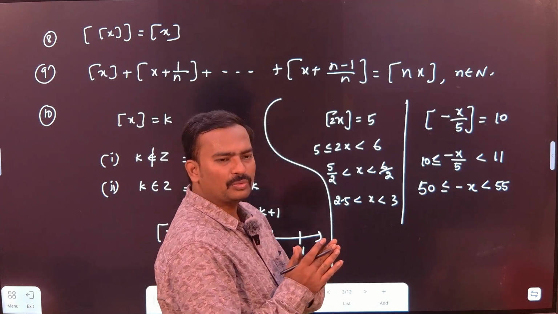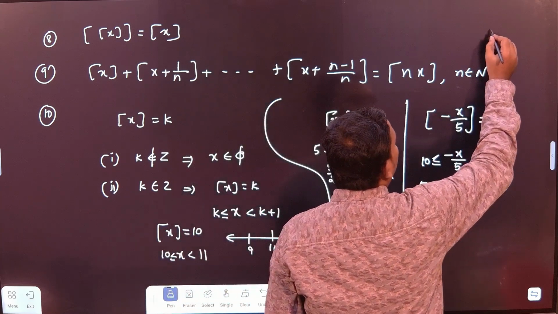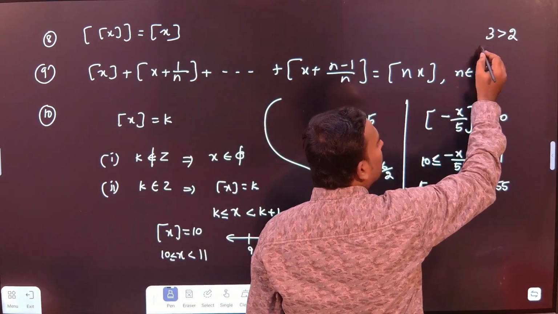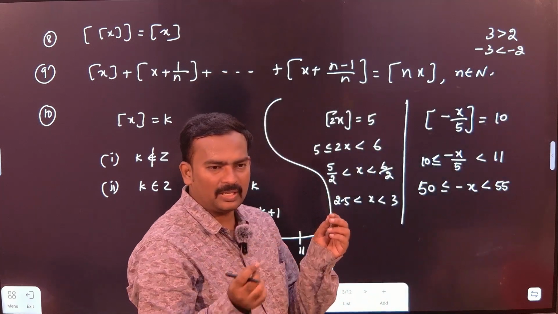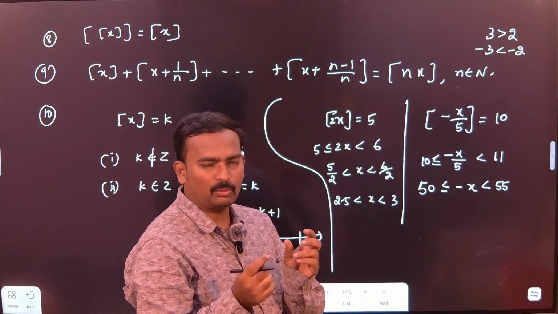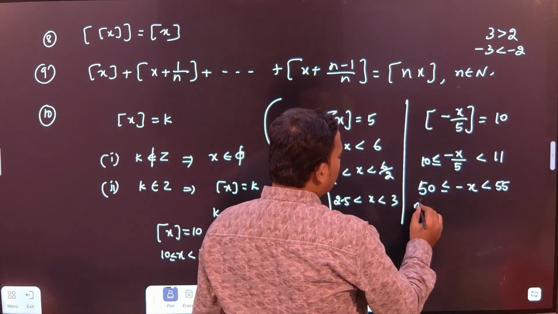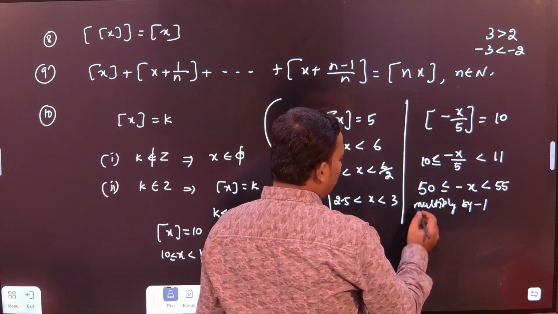So now we need to remove the negative one. How to remove this? You know that if I take 3 is greater than 2, when you multiply by negative 1, minus 3 should be less than minus 2. So when you multiply by a negative number, the inequality will be changed, right? The same way you can multiply by minus 1, what will we get?